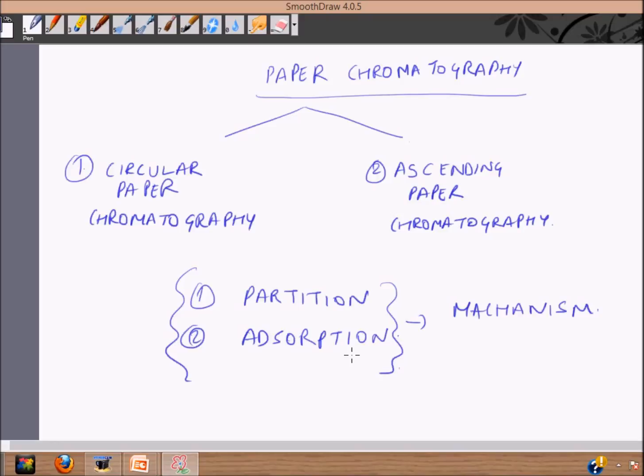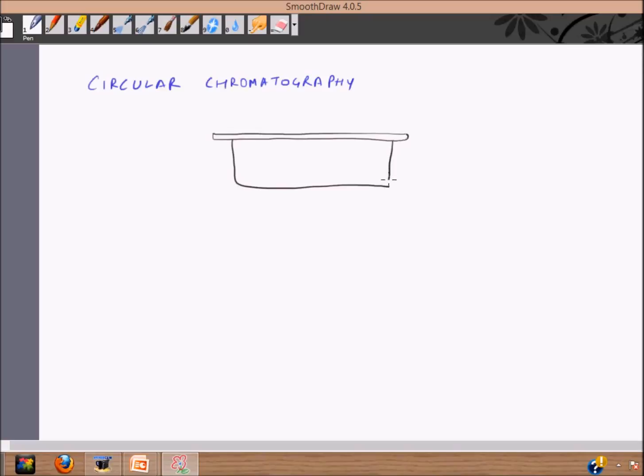As a circular filter paper is used, let's take first the circular one. Let's make the diagram first, and I'll explain it later on.